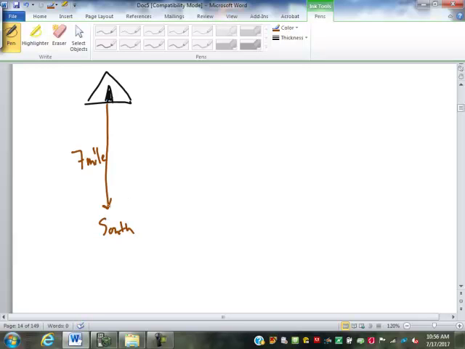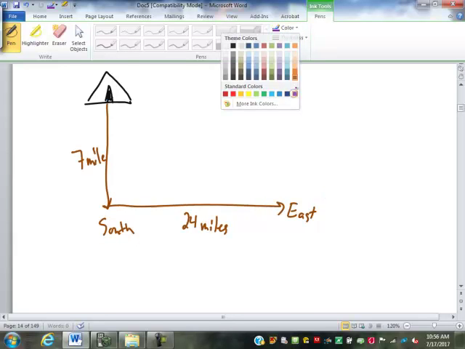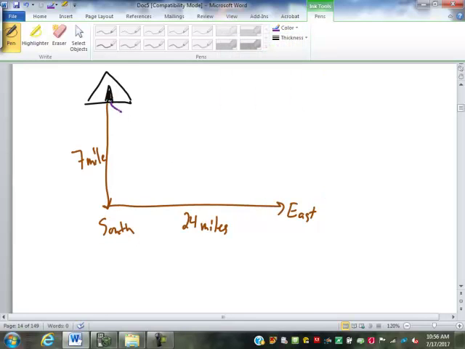And then you turn and you hike 24 miles due east. How far are you away from camp? If you were to go straight back cross country.